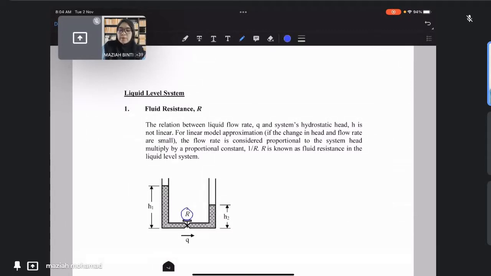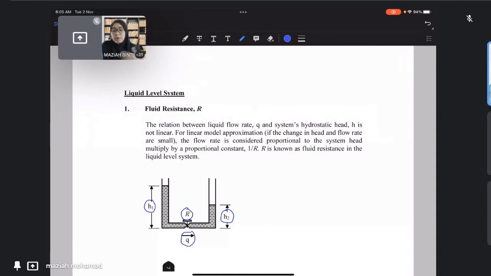The fluid resistance will relate the flow rate and the height of the liquid in the tank, or what we call the hydrostatic head. So basically, the relationship between flow rate and hydrostatic head.